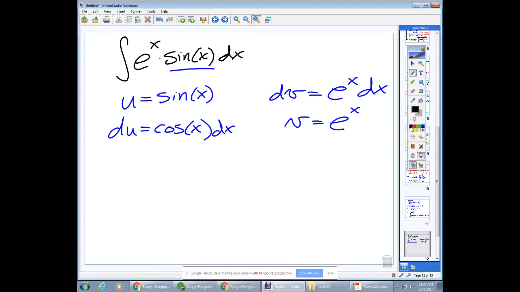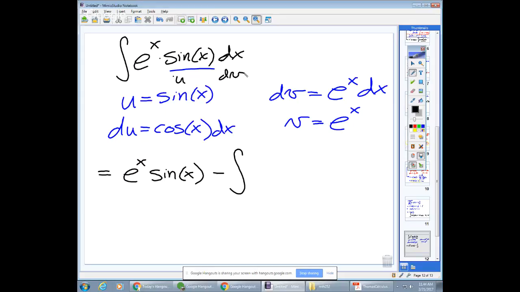Rewriting this, what do we get? We get that our original integral is equal to u times v, so e to the x sine of x, minus, so this was u dv, right? U dv, so this has to be v du.